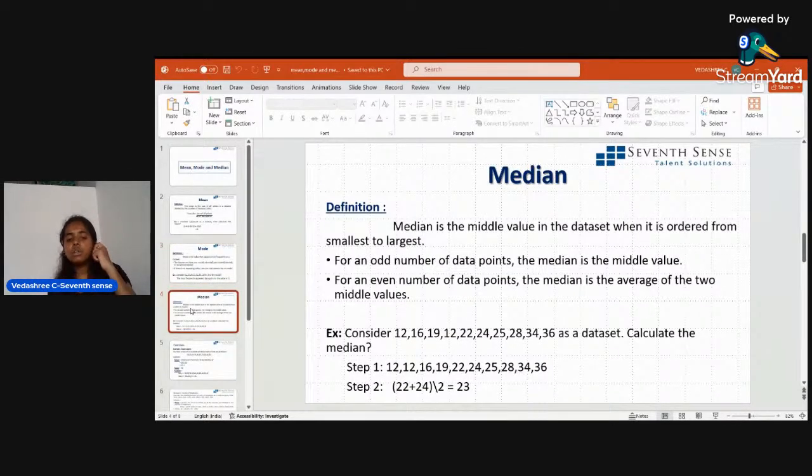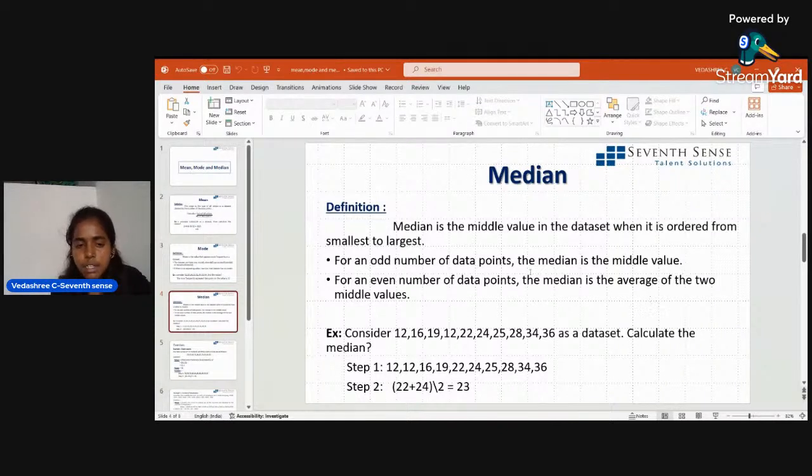So next, coming to the median. Median is nothing but the middle value in the data set when it is ordered from smallest to largest. The first step is to order the given values from smallest to largest.